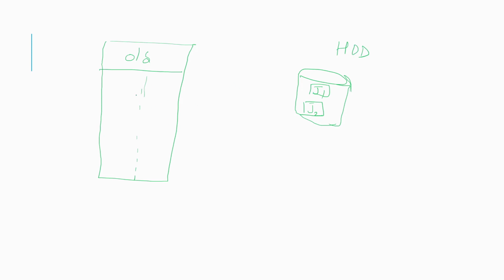Suppose in this memory the entire user space is being used by some program. The user program will be here, and we call this the user space, and this the system area.